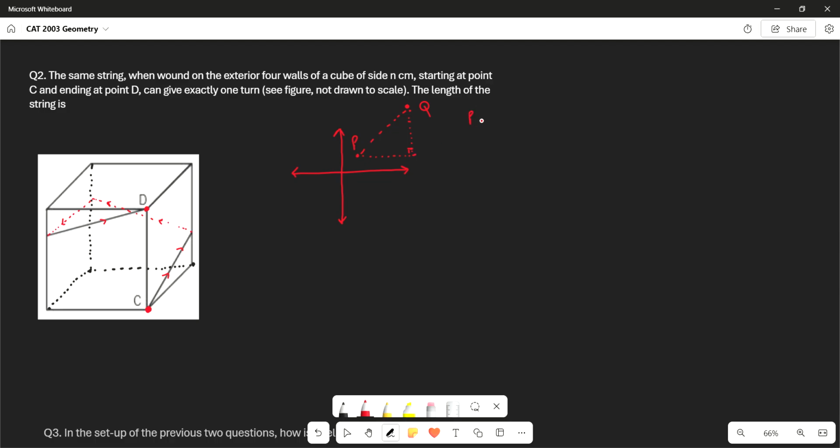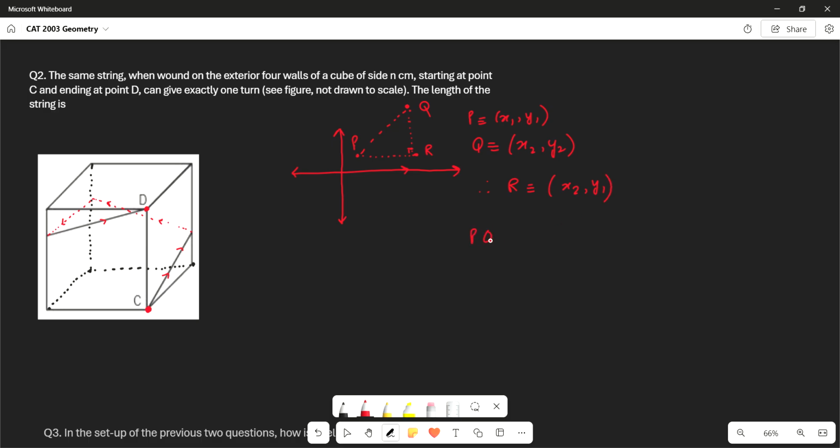So suppose the coordinates of P are x1 comma y1, coordinates of Q are x2 comma y2, okay. So what will be the coordinate of this, suppose R? Coordinate of R will be x2 comma y1, right?